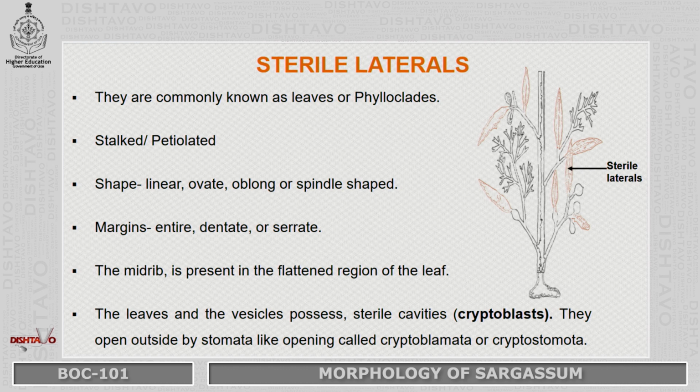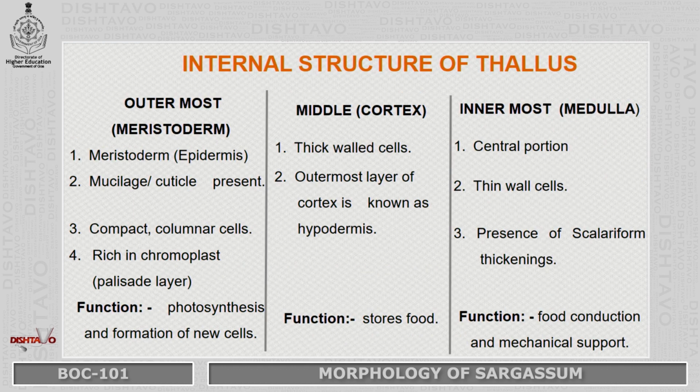The midrib is flattened and it is present in the leaves. The leaves and the vesicles possess sterile cavities called cryptoblasts. They open outside by a stomata-like opening called the cryptostomata.